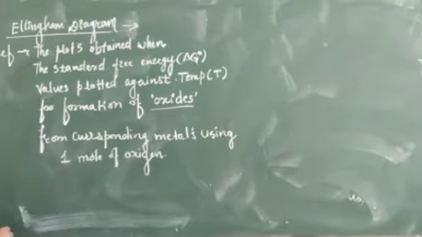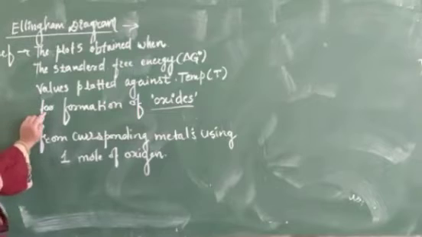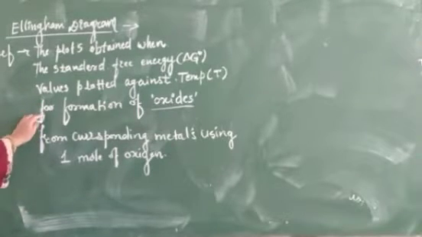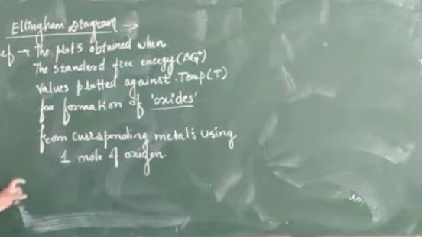Okay, then see the definition of Ellingham diagram. The plots obtained when the standard free energy values are plotted against the temperature for the formation of oxides from corresponding metals using 1 mole of oxygen.